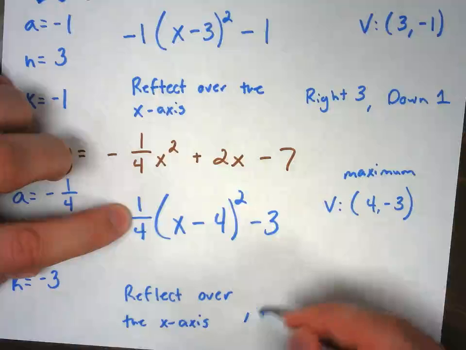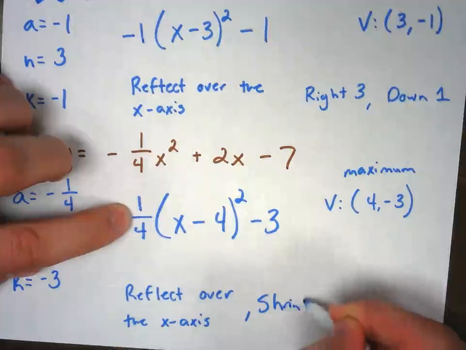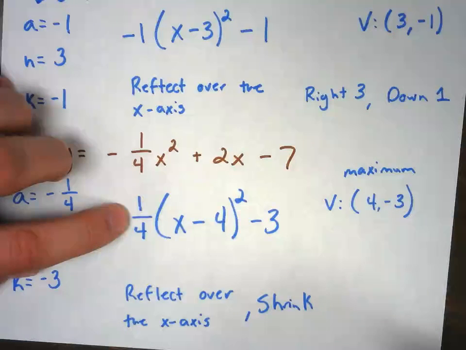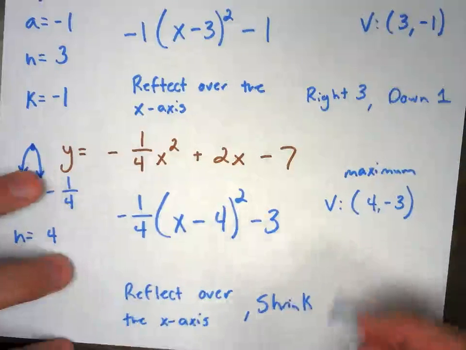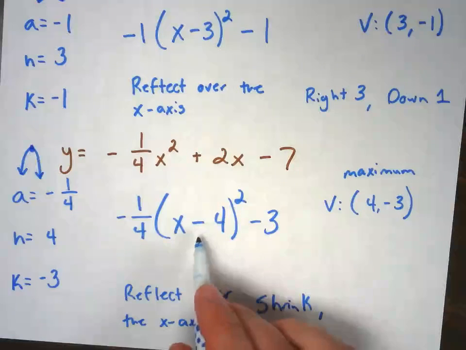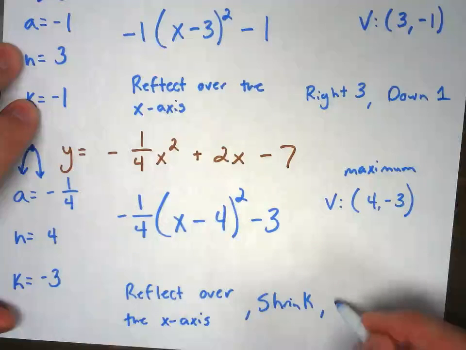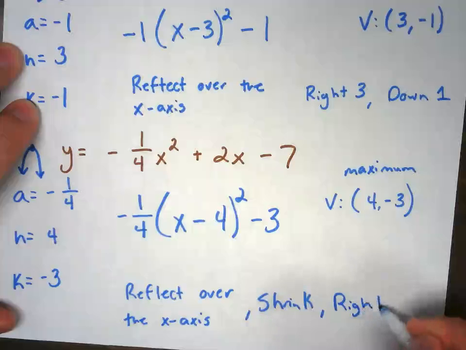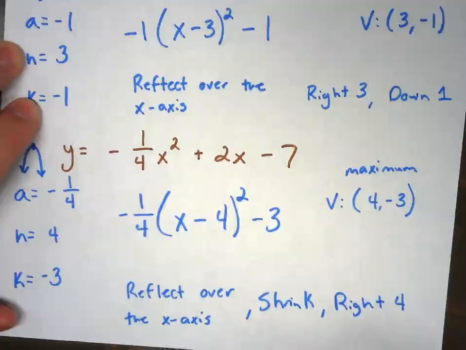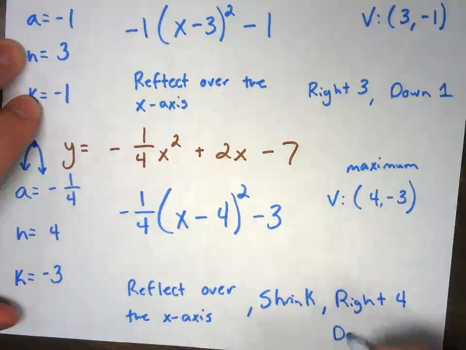And that's going to tell us the graph is going to shrink, because it is a fraction of 1/4. Here we have a minus 4, but again, we know 4 is going to move to the right. So this is right 4. And the 3 is going to go down 3.